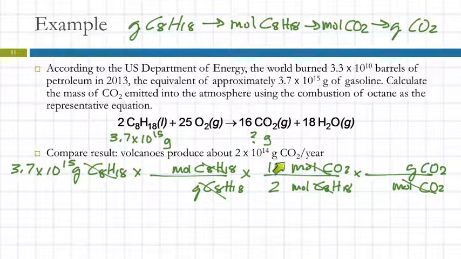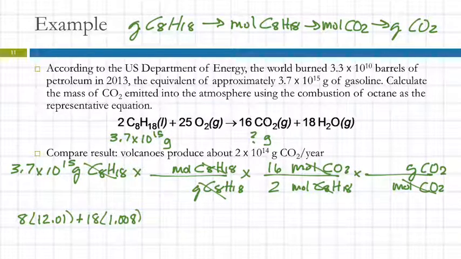The first ratio, conversion factor, and the second one are molar masses, and we've learned how to do that. So for octane, we have to calculate the molar mass. There's 8 carbons, 12.01, 18 hydrogens, 114.224.